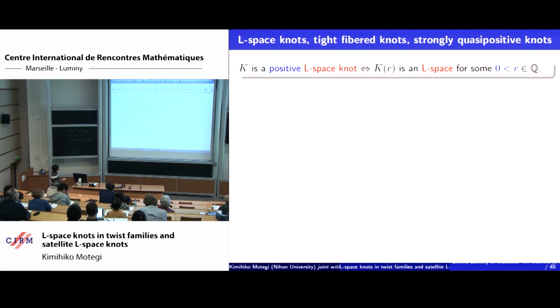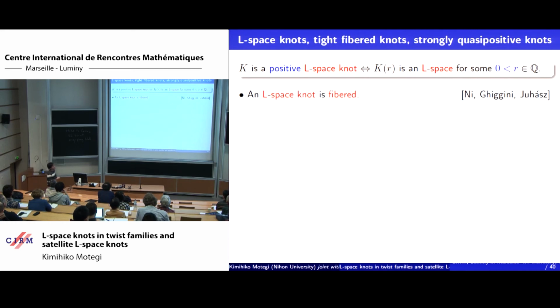And if r is negative, then we call K a negative L-space knot. Only the trivial knot can be both a positive and negative L-space knot. If we ignore the sign of r, we say that K is an L-space knot if K admits some non-trivial surgery yielding an L-space. We don't care about the signs.